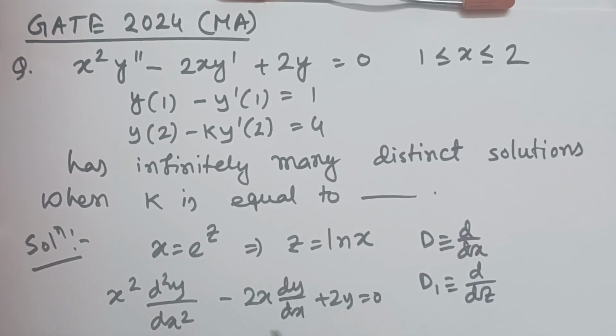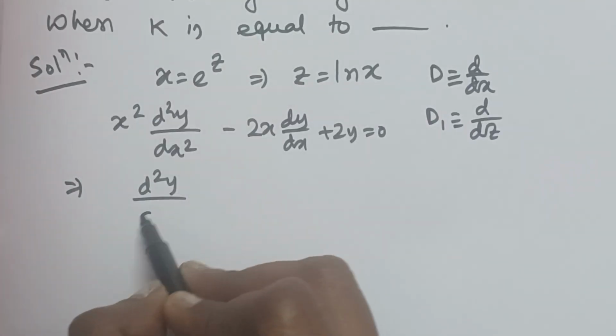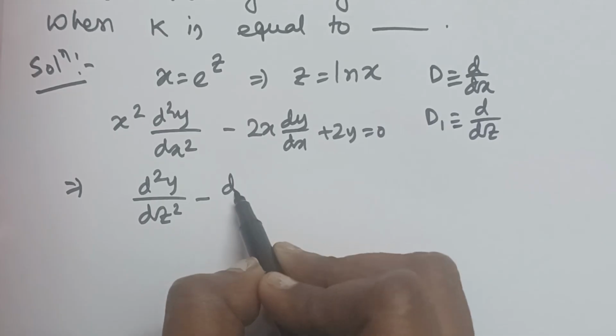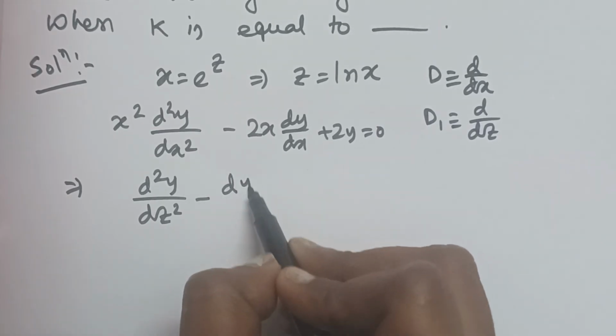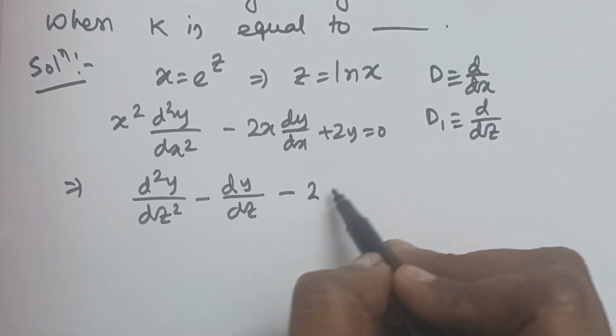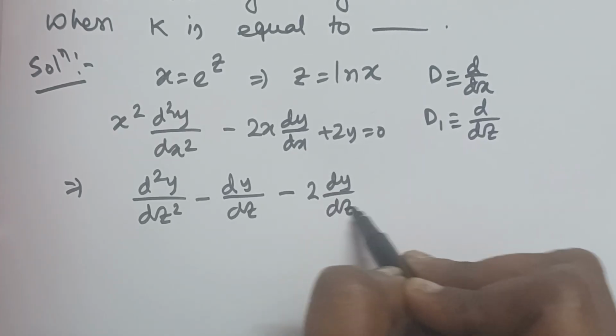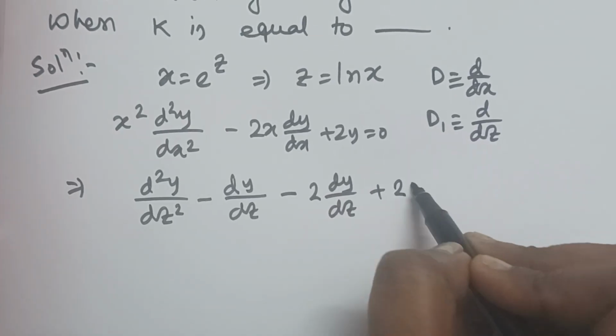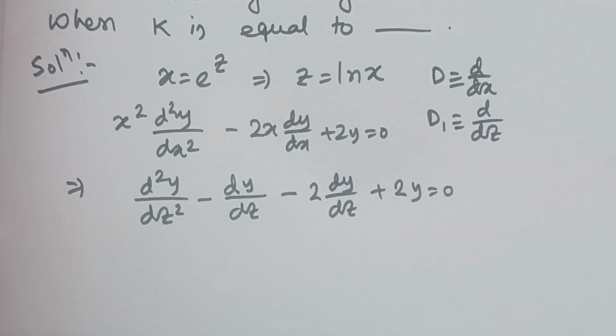equal to 0, the given problem will be transformed to d²y/dz² minus dy/dz minus 2 dy/dz plus 2y equal to 0. Why?